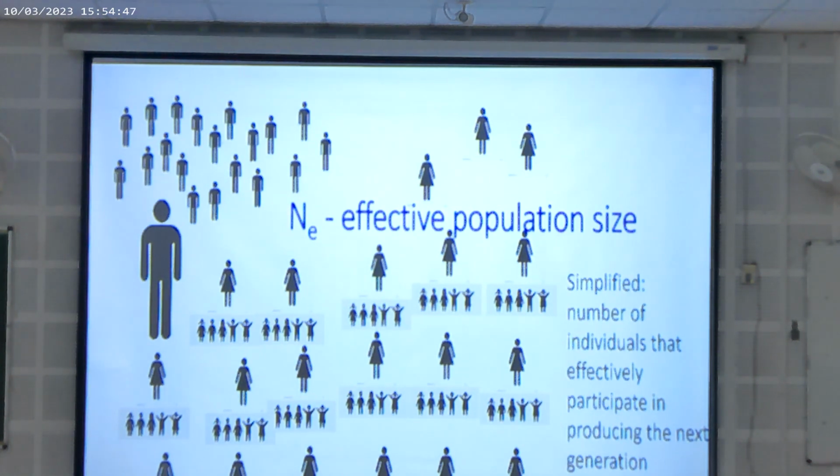Here is depicted, just as a cartoon, an equal number of men and women, and most of the women are having children, and most of the men are not, just to illustrate how the effective population size can differ from the actual population size.